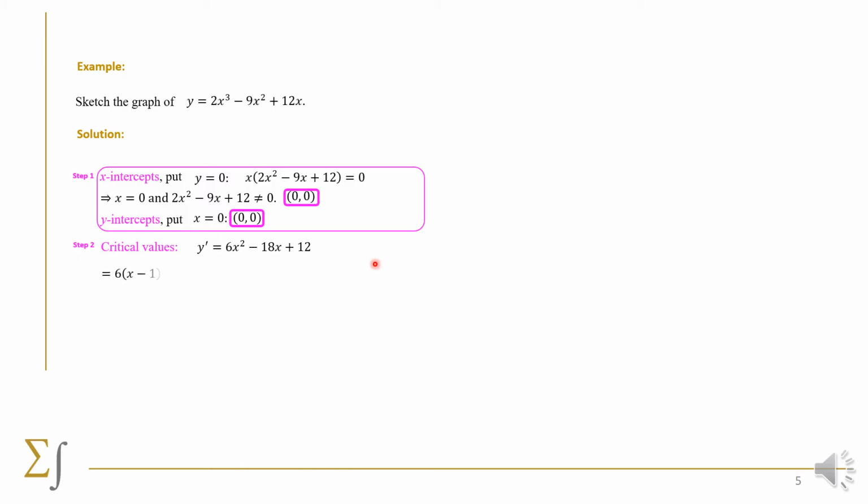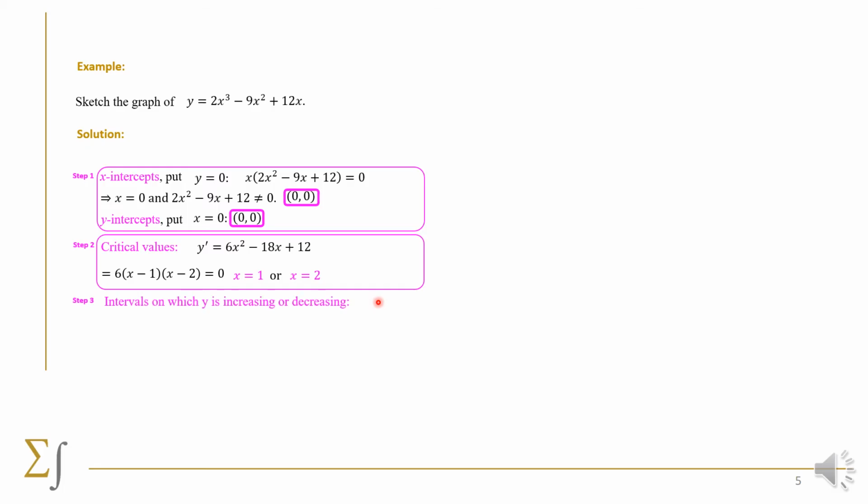And then we take this first derivative, put it equal to 0. After factorization, we get either x equals 1 or x equals 2. These are the critical values. Then we study the intervals on which the function is increasing or decreasing. We take the 1 and 2 to the real line, and we split the real line into 3 intervals.